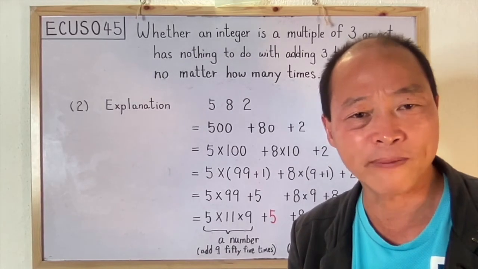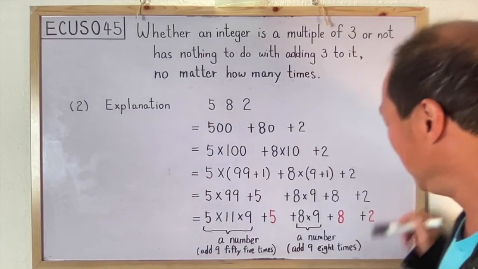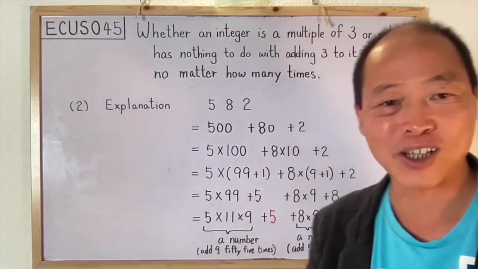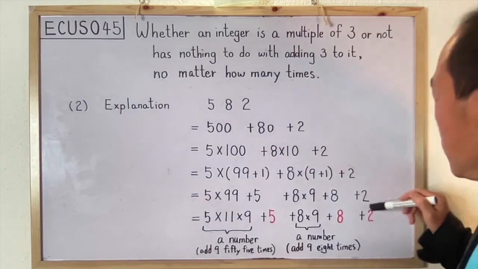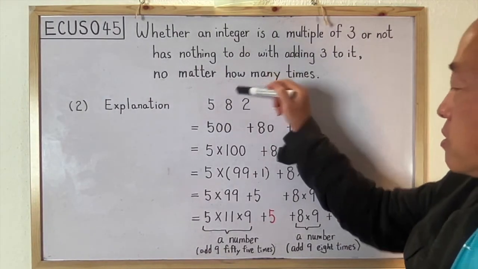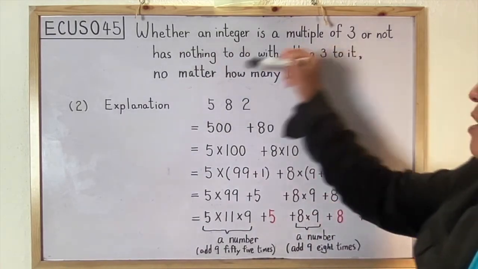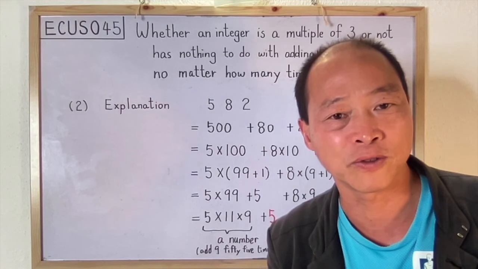What's the point of doing it? Actually, what we need to do is add up the 3 numbers only. Finally, do you notice that this number comes from this digit? This number comes from this digit. And this number comes from this digit. This explains the concept of method 2.